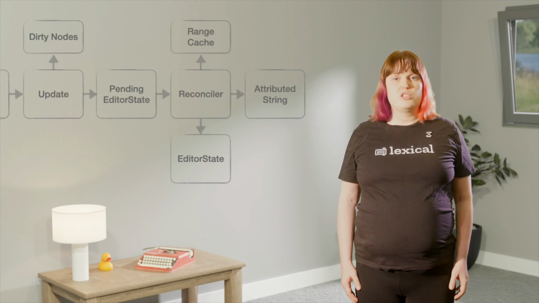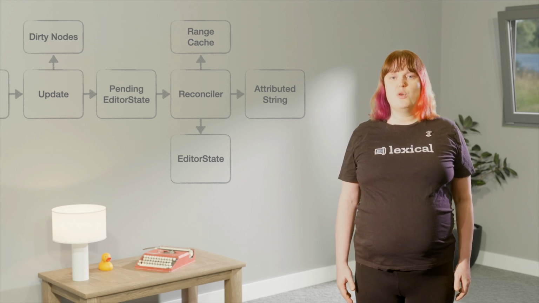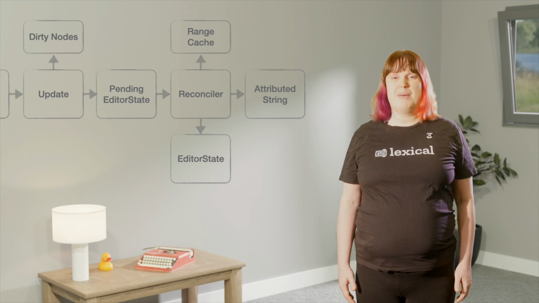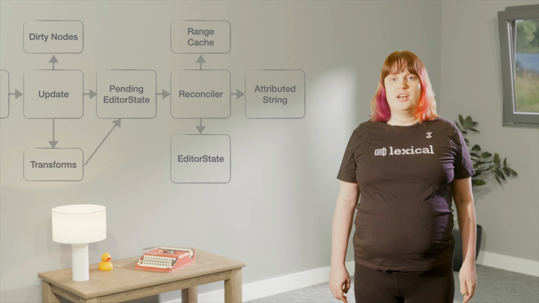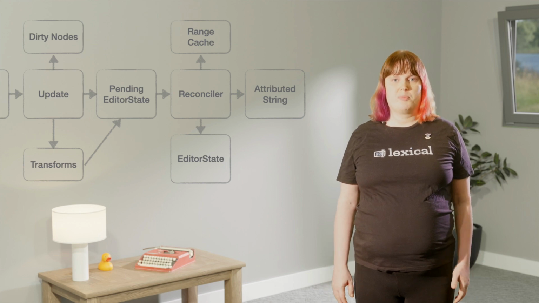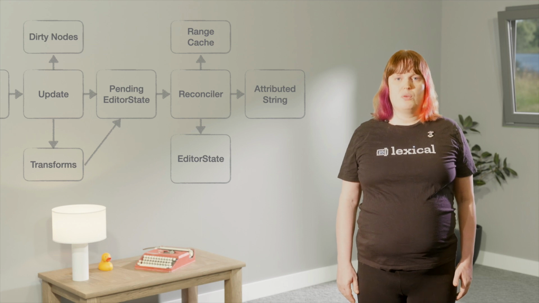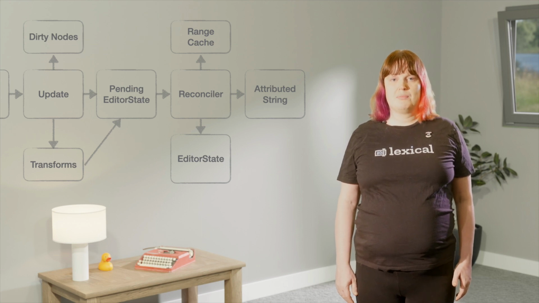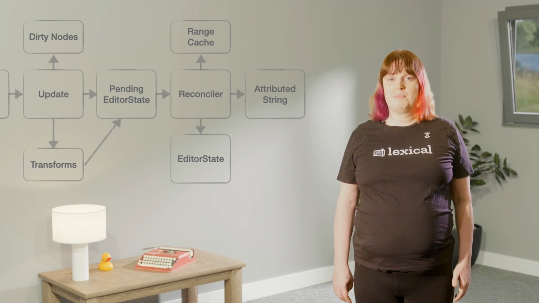So we introduced transforms. You register a transform on a certain node type that you care about, and you pass in a closure. Transforms run during an update, after the update closure has been run, but before the reconciler. At this point, we have a list of all the dirty nodes. We then check all the registered transforms and call any that match the node type for the dirty node.